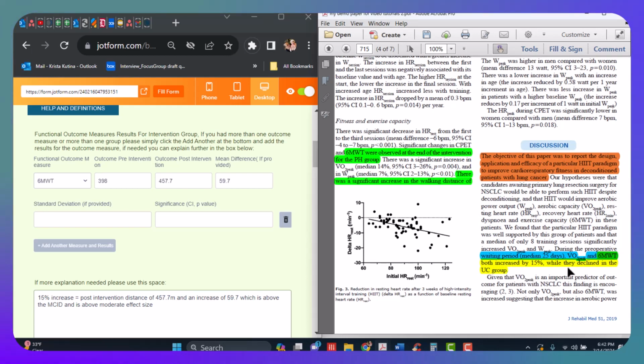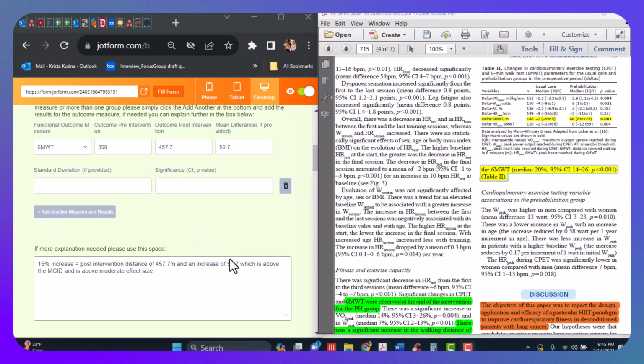So we know what percent the intervention group increased. I just did 15% of this, and according to my findings, it was 59.7. And so then I just added that to that and then reported the mean difference there.